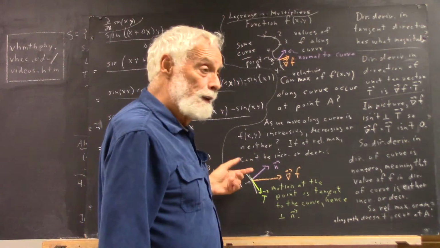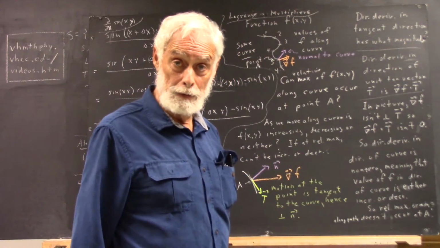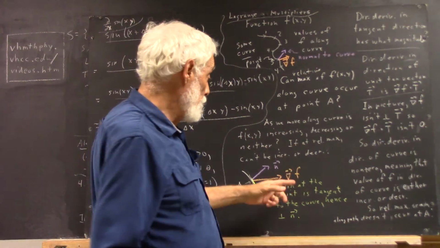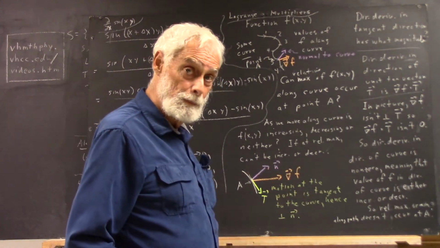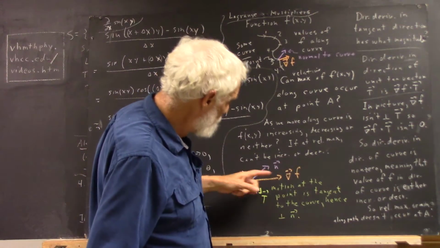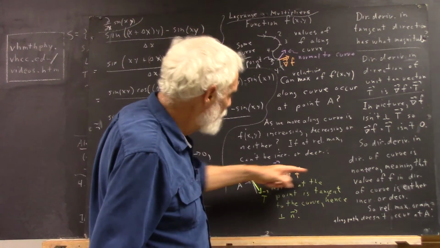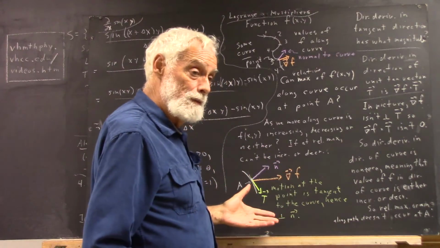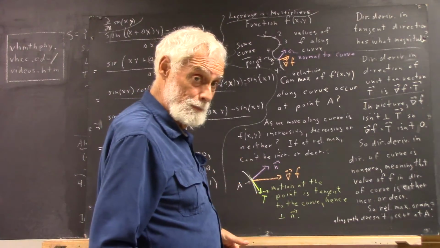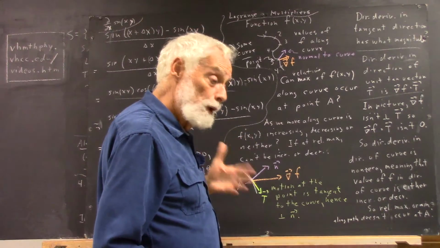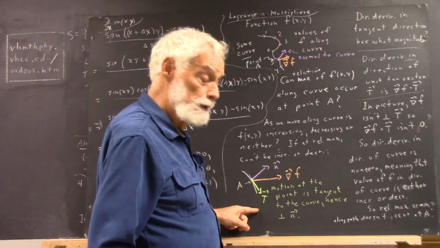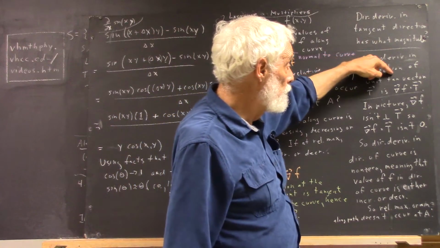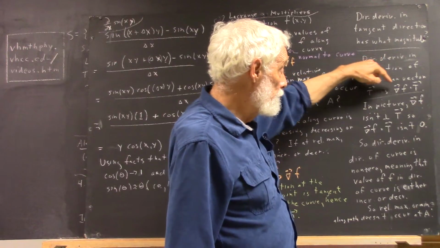Del f is the direction of maximum increase, and the magnitude of del f is the rate at which the value of f is increasing if we move in that direction. If del f has a component in the direction of t, that means the function is going to be changing in that direction, and the rate of change is just del f dot t.